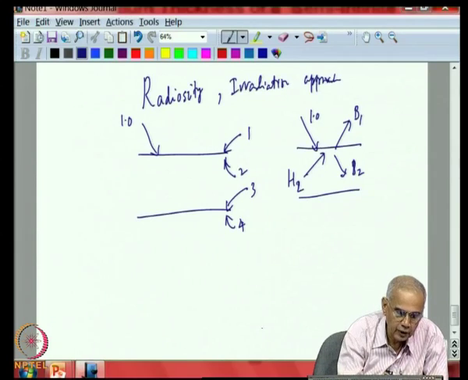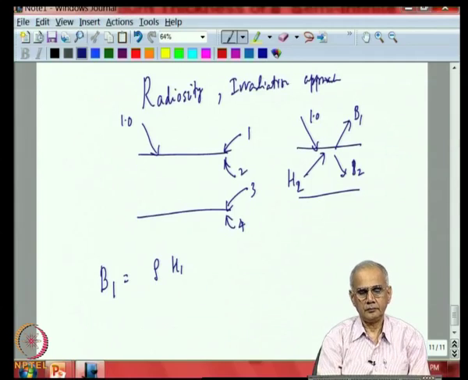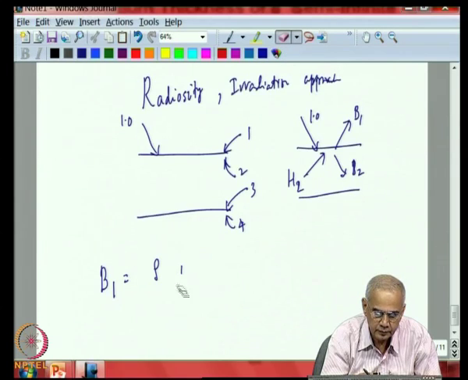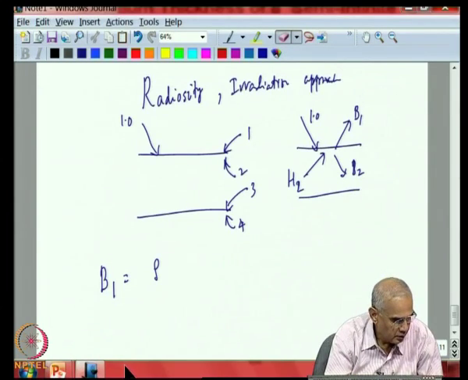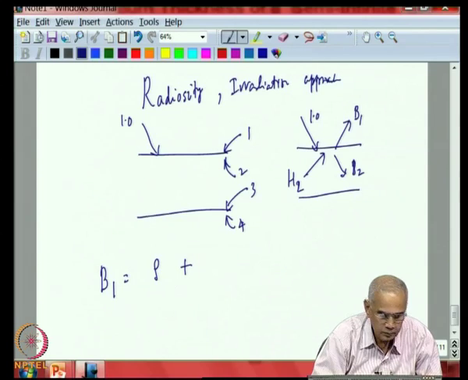So, the advantage now is that the radiosity B1 here has to be equal to what is reflected already, rho times H1, which is 1 in our case by notation, plus the second term, which is 1 minus rho times H2.